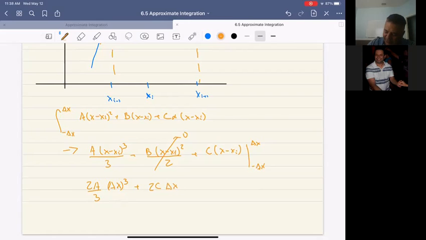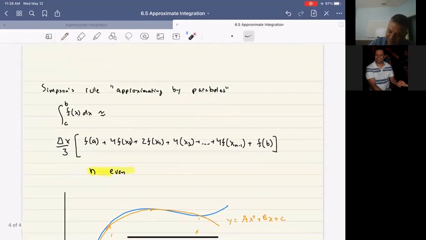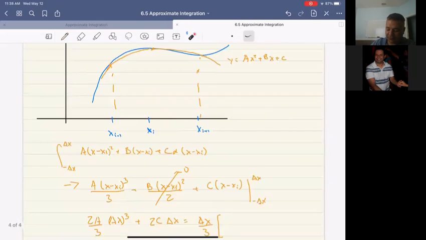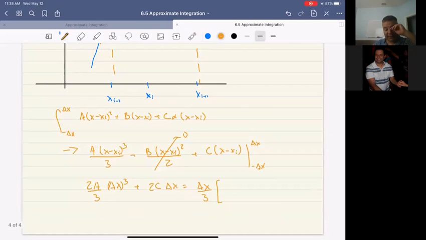Let me factor out a delta x, actually delta x over 3. That's this, okay? Delta x over 3, and we're going to get 2a delta x squared plus 6c. Okay? All right, so far so good.